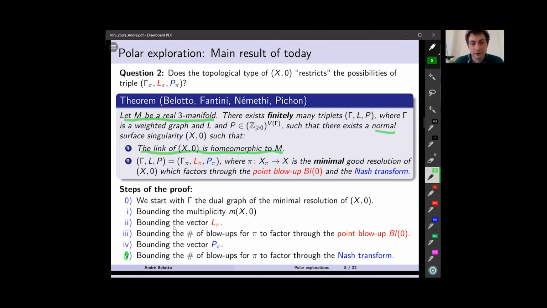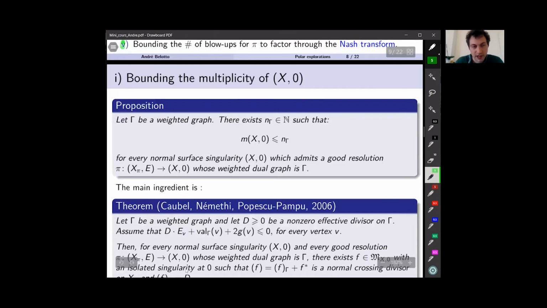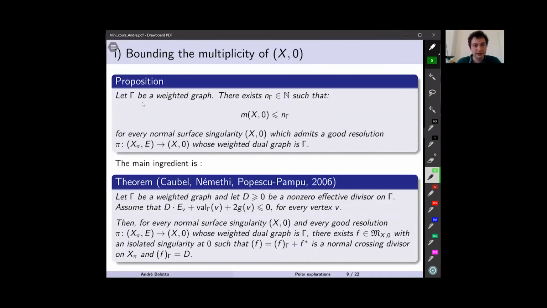Okay. So first of all, how do we bound the multiplicity? We have a proposition that says that given a dual graph, there's going to exist some number such that the multiplicity of X0 is bounded by this number, which only depends on the graph, for every normal surface singularity which admits a good resolution whose weighted dual graph is this one.